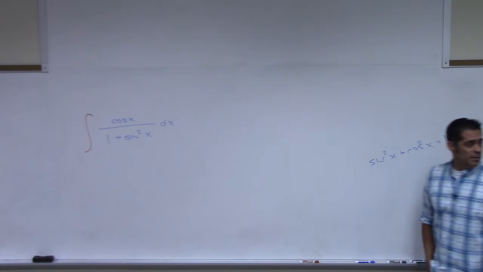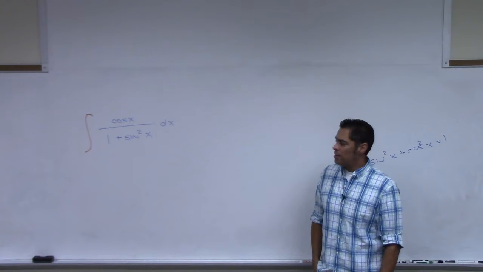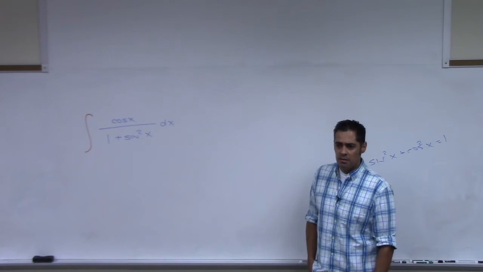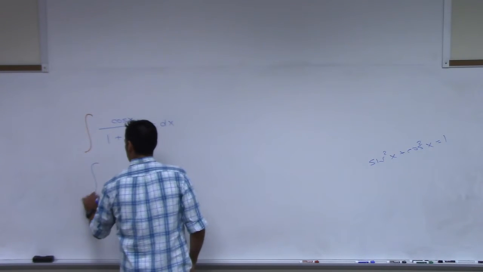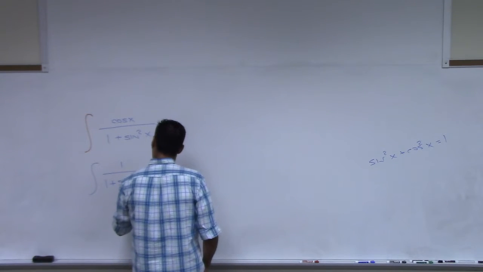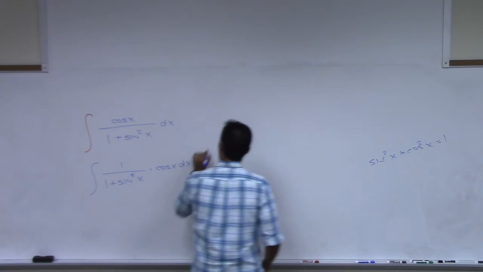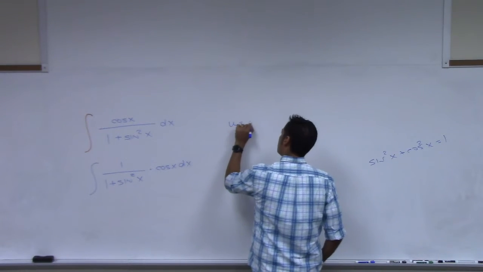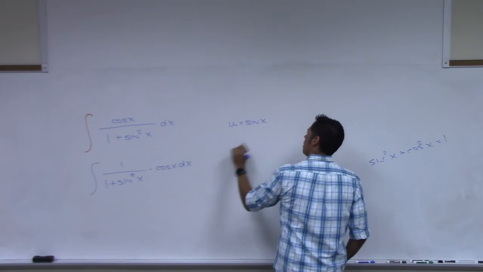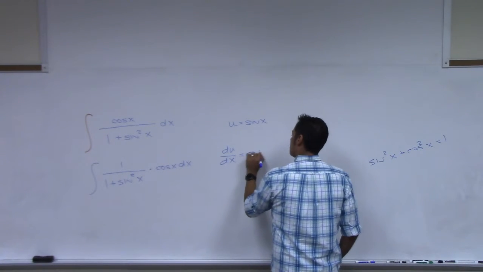Sine and cosine, right? You see that if you let u be sine, do you see its derivative there? Cosine? So I'll try and illustrate it again. If I let u be equal to sine x, the derivative of that with respect to x is cosine x.